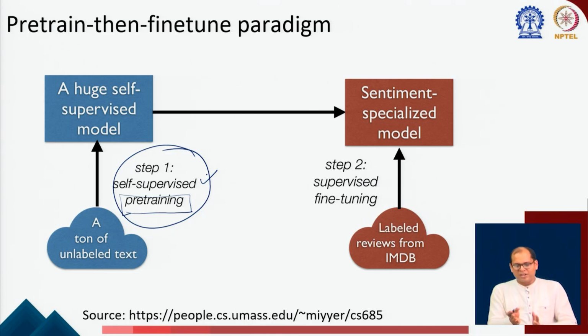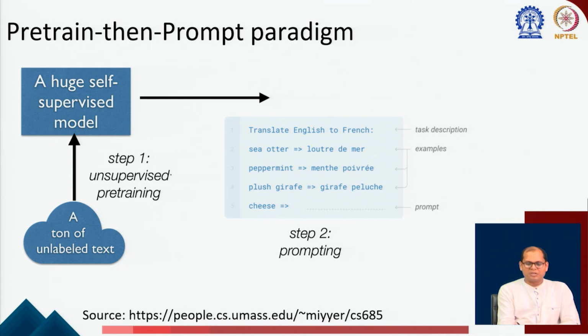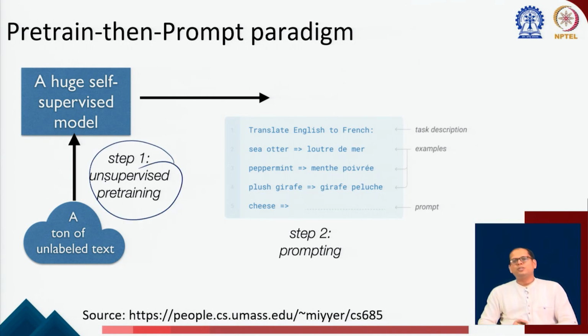So this is one of the ways in which you can interact with the large models. Another way is you have done unsupervised pre-training, and then you can prompt them. There you're not modifying the parameters, but you are using prompting to actually generate some output from the models. And a prompt can have a task description, examples, and the actual task that you want to do.